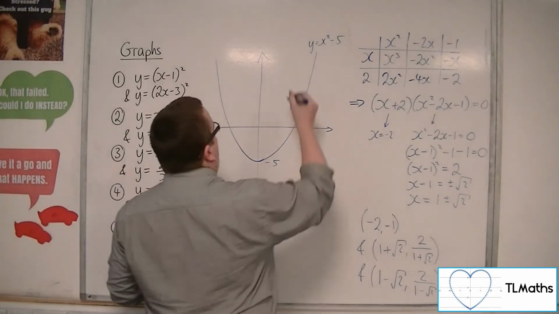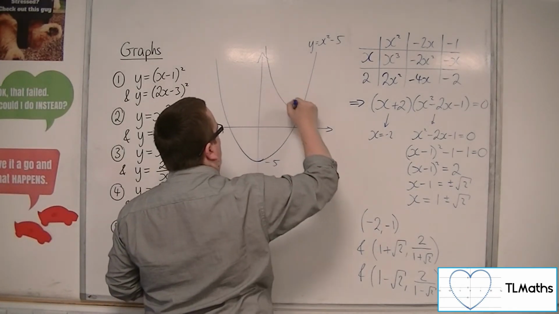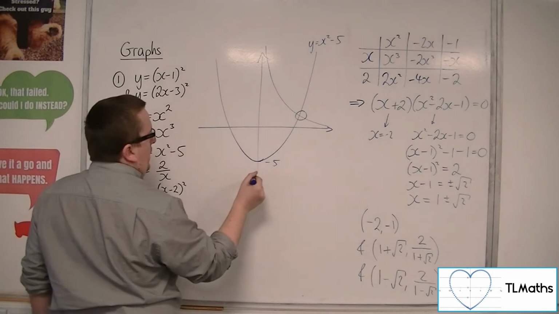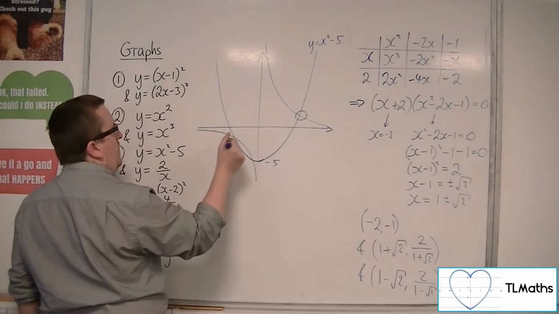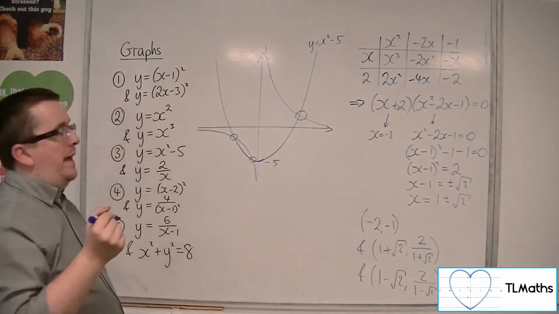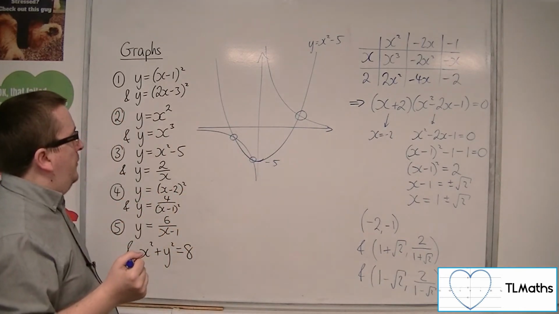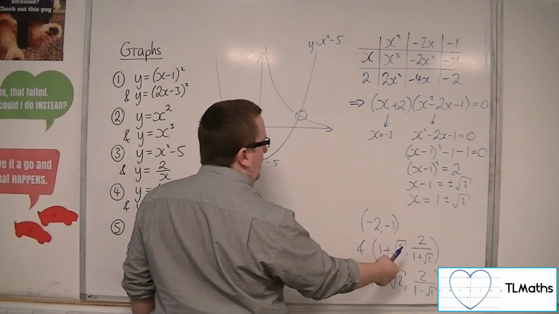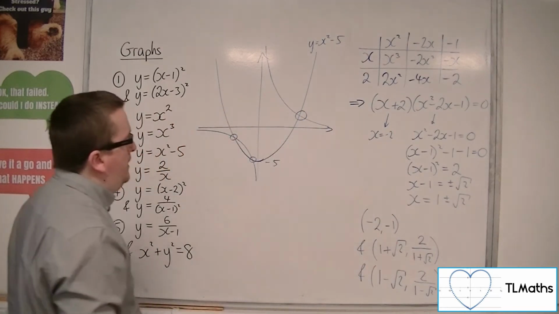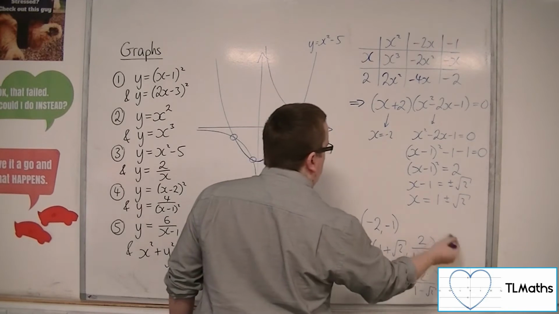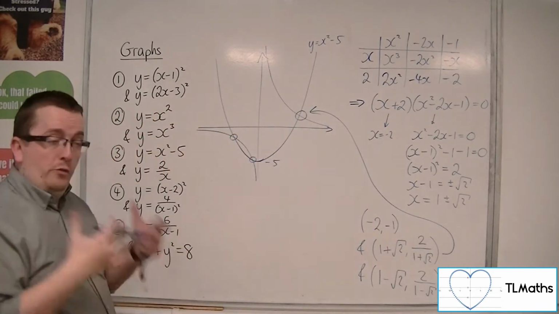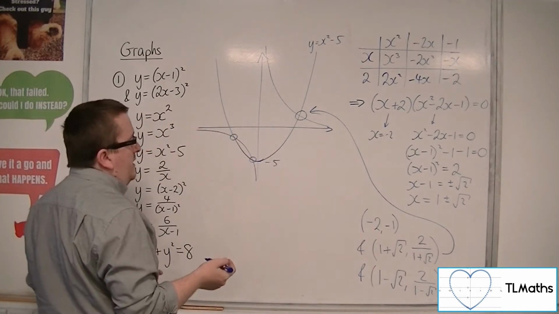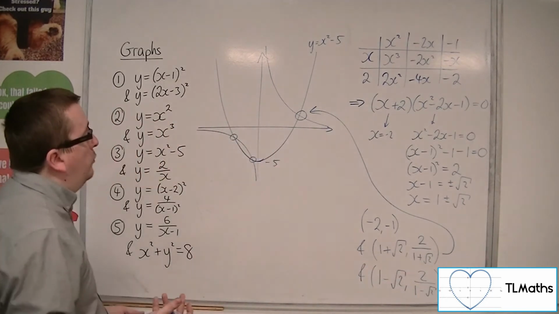Okay, so the 2 over x must come through and make that intersection point there. And it must come up and through like that, making 2 intersection points there. Okay, so this one there, that must be this one. Okay, the 1 plus root 2, that must be that one, because they're both positive. Now, that one, they're both negative, and that one, they must both be negative as well.